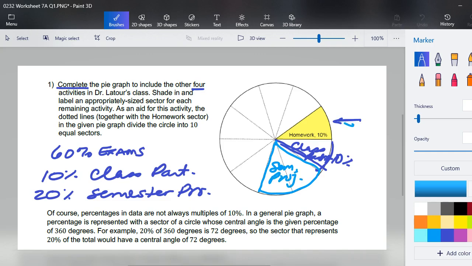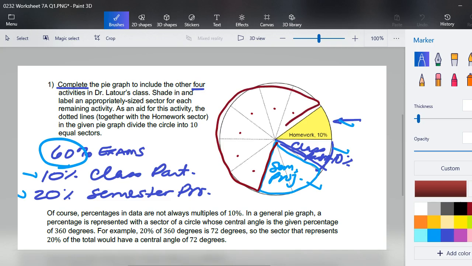So we've done homework, class participation, and semester project, and that leaves 60% for exams. That should mean that we have 6 sectors left, 1, 2, 3, 4, 5, 6, and this very large portion is going to be completed as our exams, which will represent 60% of our grade.